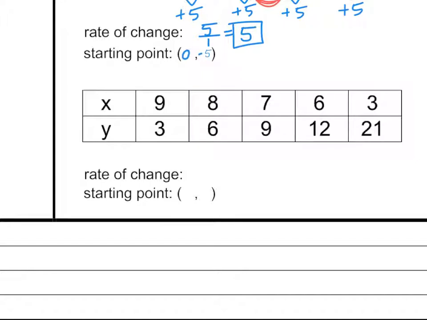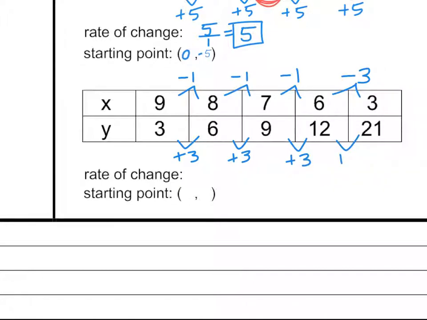One more, we're going to do the same thing. So it should be a linear function, but we're going to find our rates of change. So minus 1, minus 1, minus 1, and minus 3, plus 3, plus 3, plus 3, and plus 9.